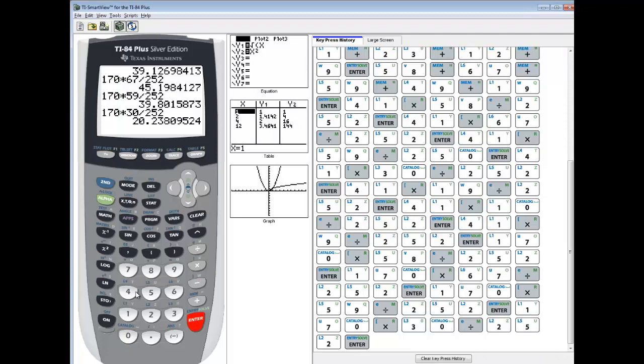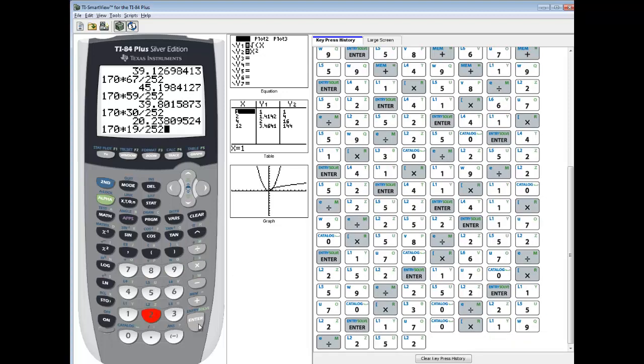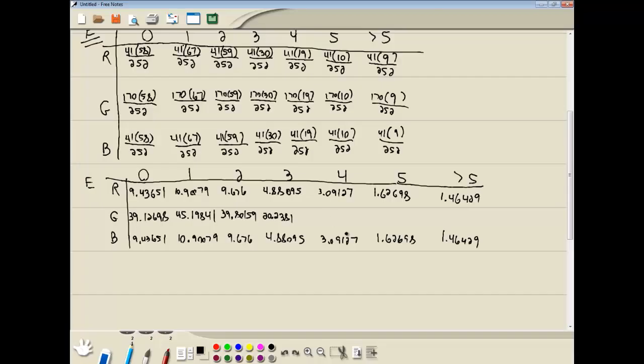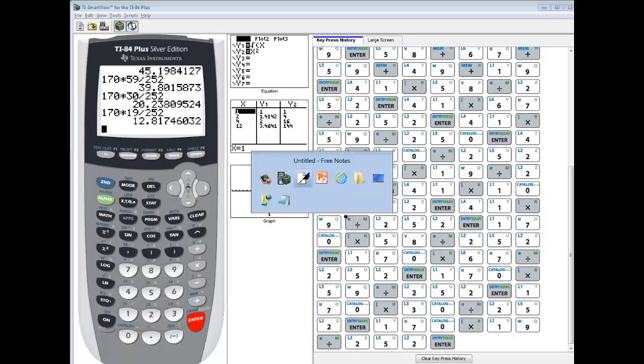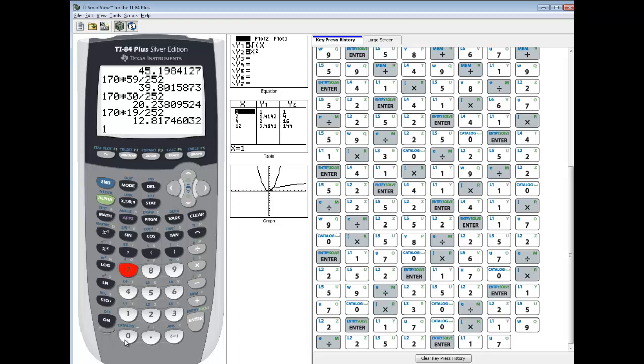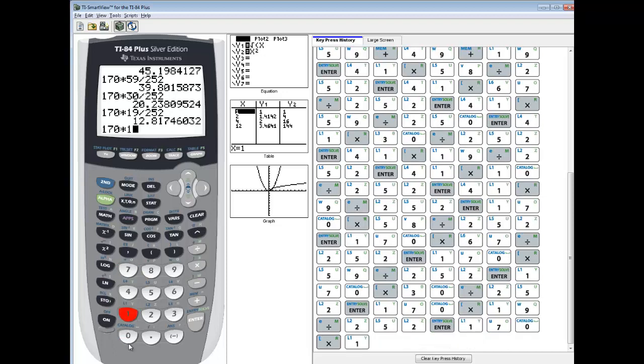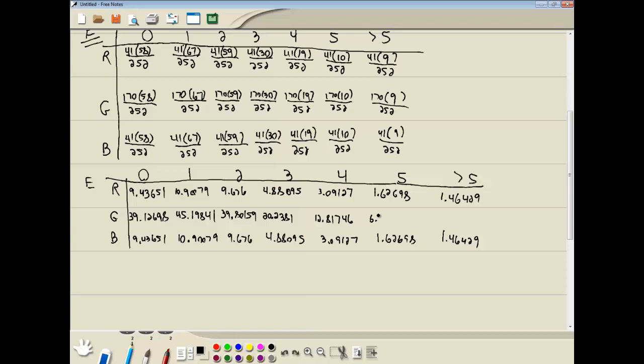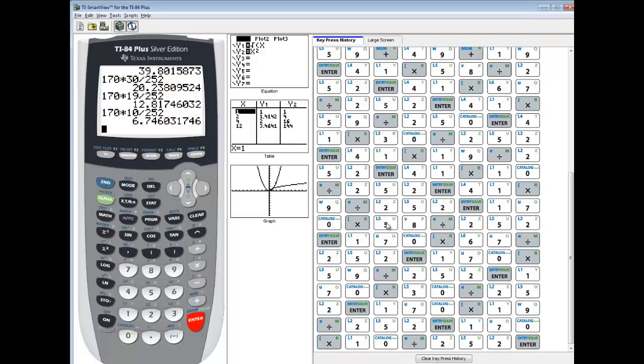Okay, 170 times 19 divided by 252. 12.81746. Next one is 170 times 10 divided by 252. 6.74603.